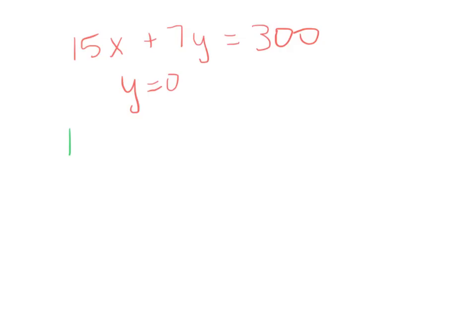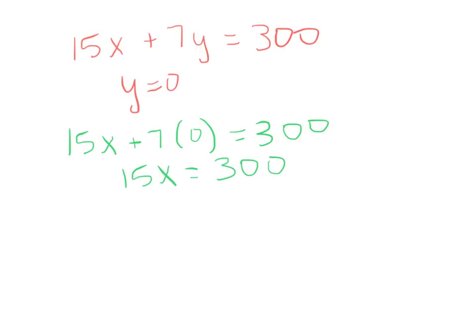So we can bring down 15x plus 7 times 0, because our y is 0, equals 300. We'll bring down 15x. 7 times 0 is a whole lot of nothing, so equals 300. We divide by 15. And we get that x is equal to 20.